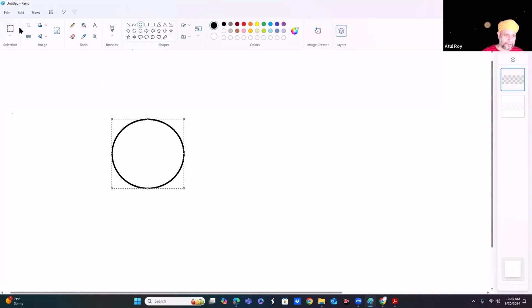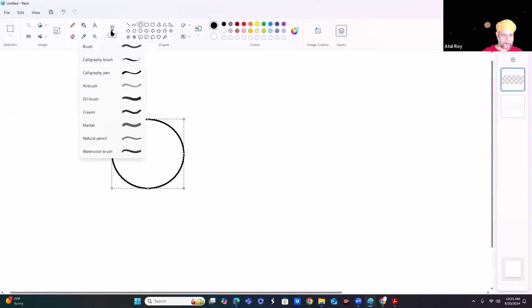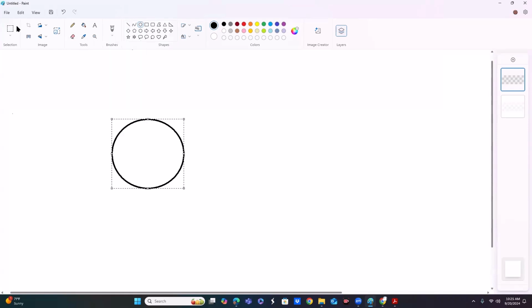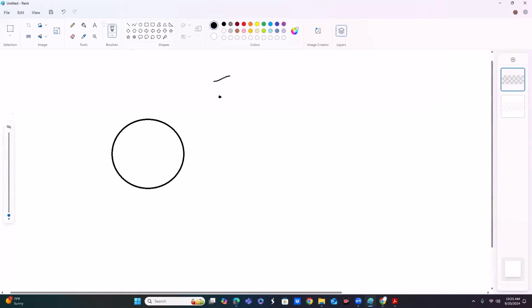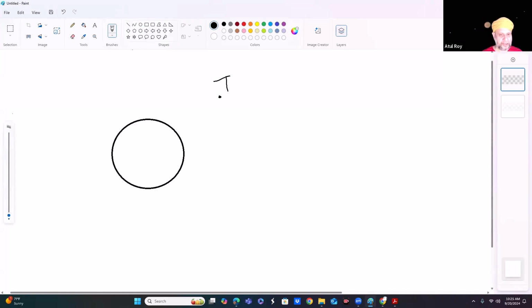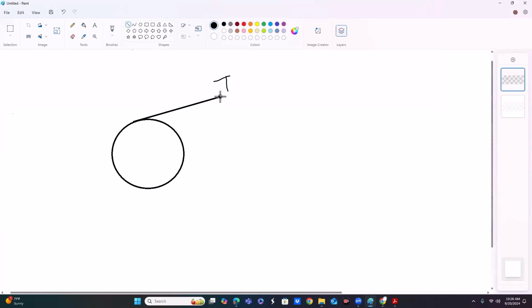So what was the property that we talked about? Let me recall it for you. The property we were talking about was this: say I have a point T here, right? And I go ahead and draw a tangent from that point, right?